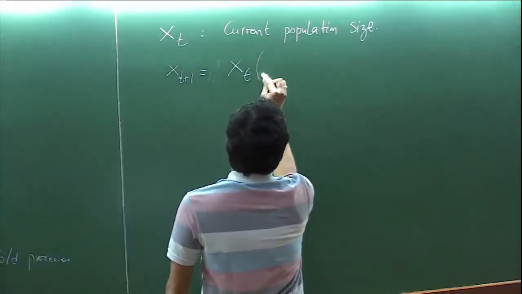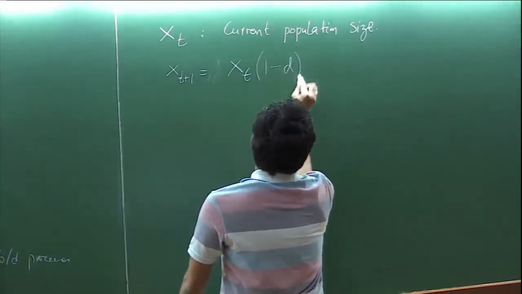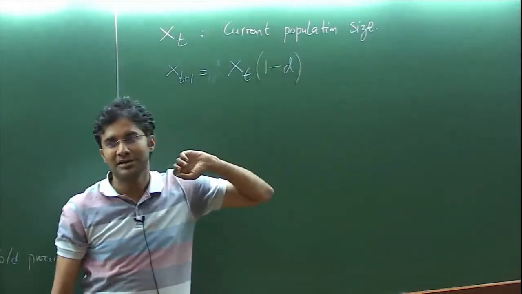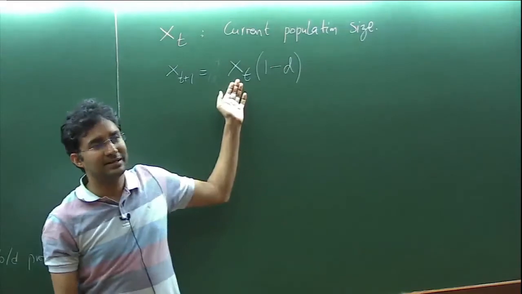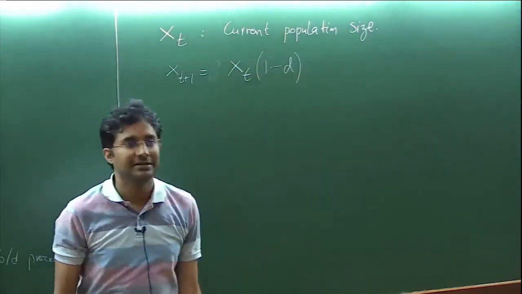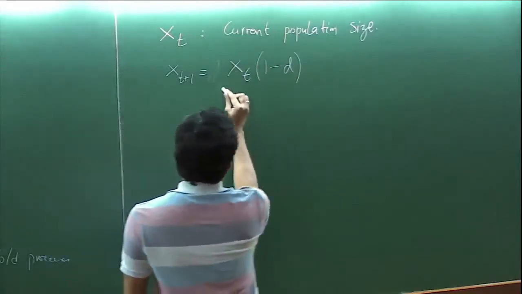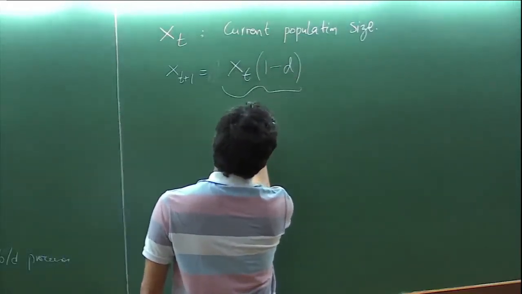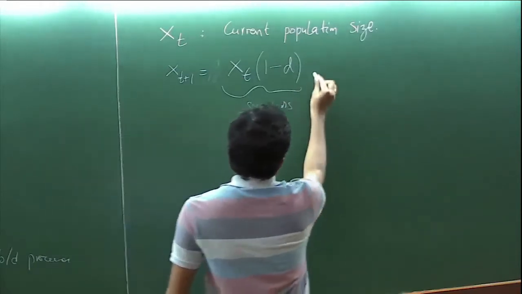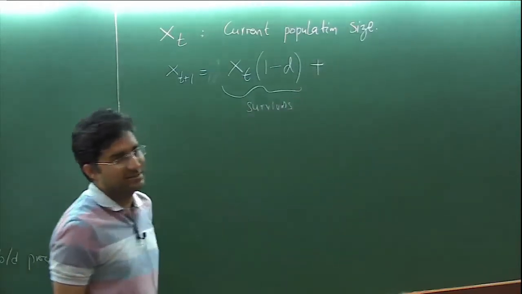Then 1 minus D is the probability of survival. This is the expected population size who will survive to the next generation, the survivors from the old generation. Of course, there are going to be births.